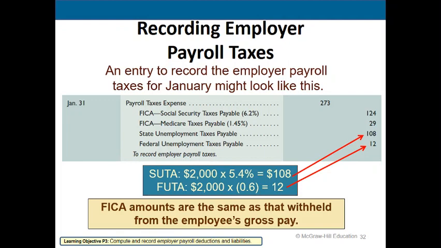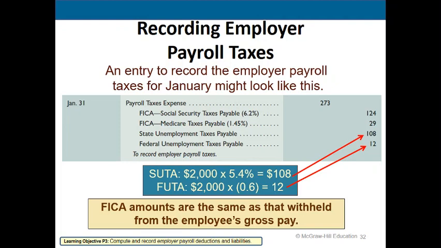And notice that the FICA Social Security and FICA Medicare taxes payable are the same number. It's a matching number as was taken out of the employee's paycheck. And of course, again, the federal and state unemployment taxes payable are paid by the employer, not the employee. So it comes out of the employer's pocket.